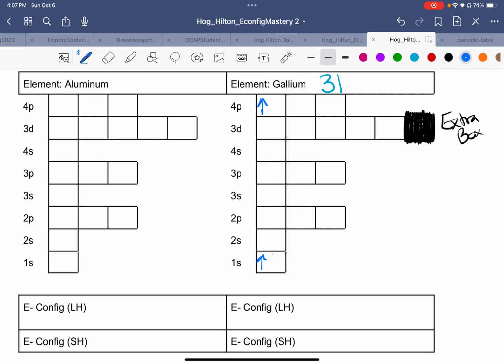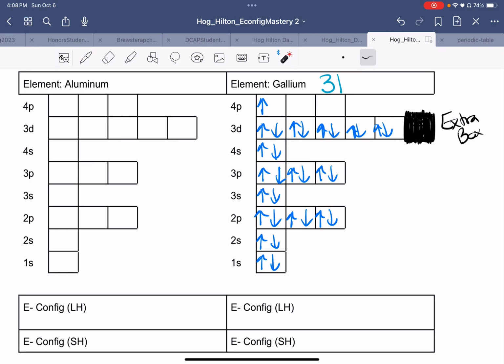So now I'm going to fill them up. Now, let's count ourselves. 1, 2, 3, 4, 5, 6, 7, 8, 9, 10, 11, 12, 13, 14, 15, 16, 17, 18, 19, 20, 21, 22, 23, 24, 25, 26, 27, 28, 29, 30, 31.